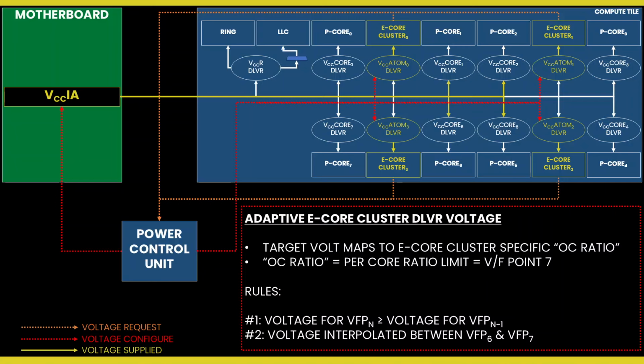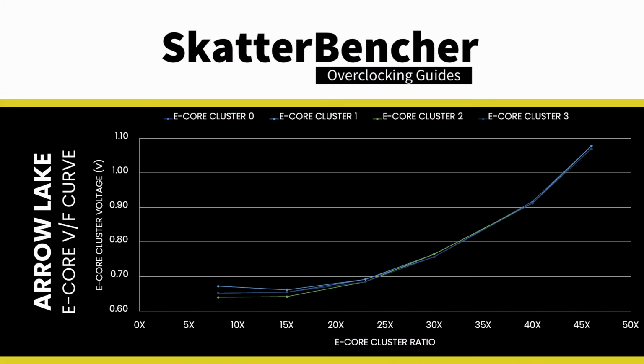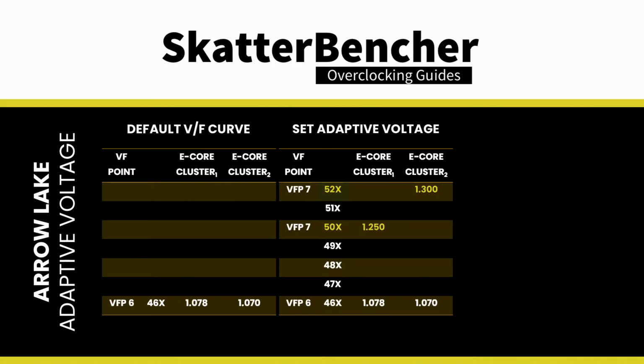As a consequence, it means that each E-core cluster's VF curve is truly independent, as voltage interpolation is done for each E-core cluster separately. Let's say we configure the E-core cluster 1 VF point to 50x and 1.25 volt, and we set the E-core cluster 2 VF OC point to 52x and 1.3 volt.